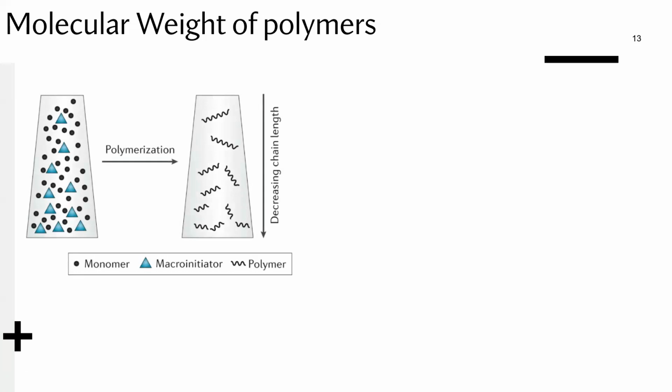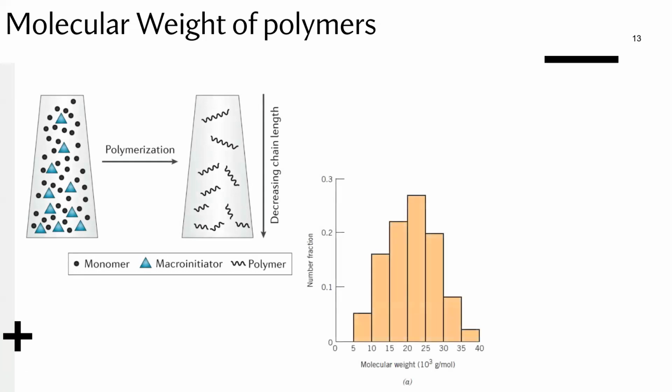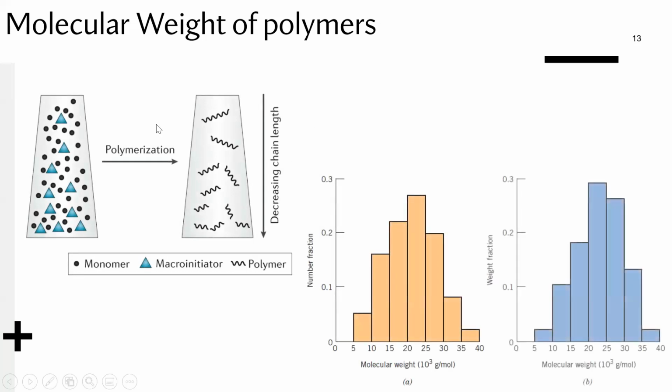Based on what I just said, after the polymerization reaction you always end up having a distribution of different polymer molecule lengths, all the way from a few monomers to many. In this case, you have a distribution plot that shows how many of your molecules fit in this particular molecular weight interval and how many fit in this interval.